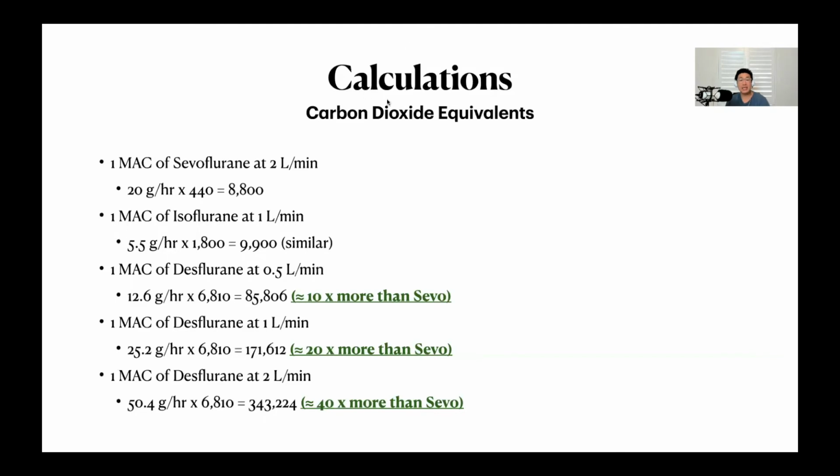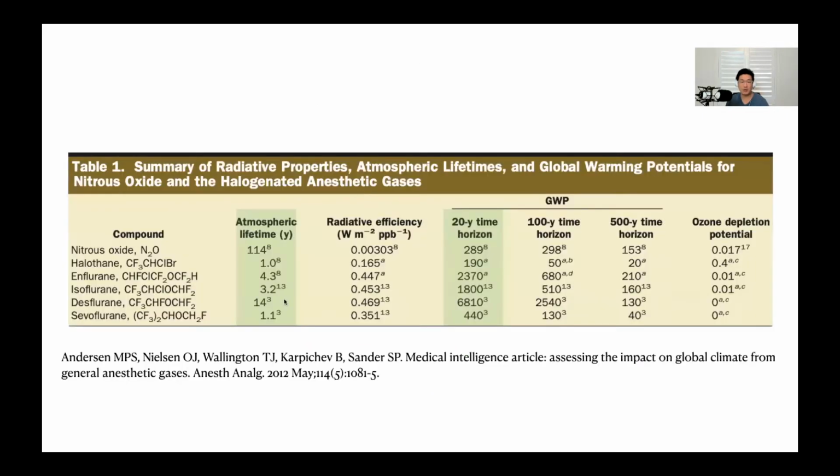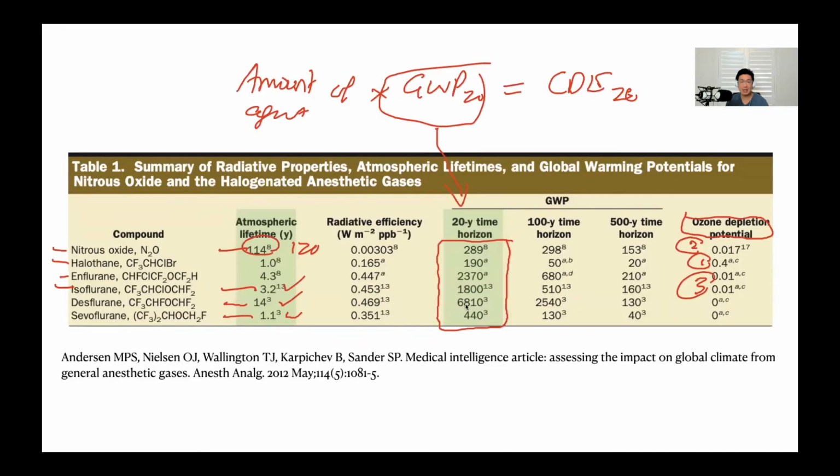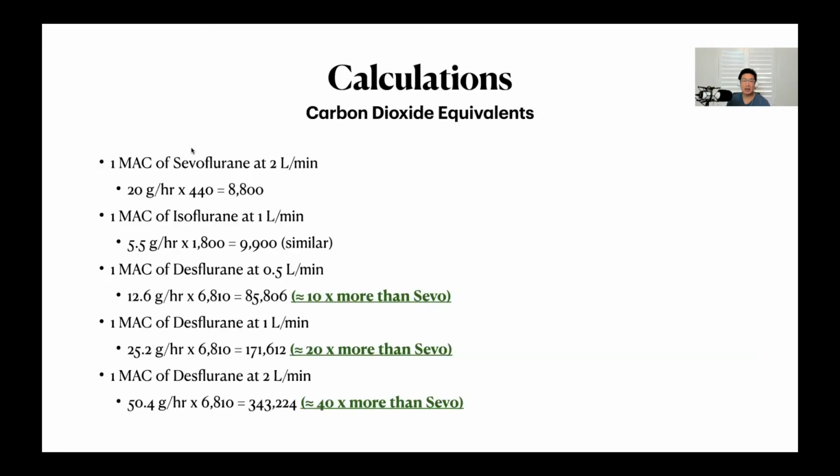And this is the carbon dioxide equivalent. What I've done is use the global warming potential from this table here by Anderson, and I've just used this formula here. I've done all the calculations, and you can see that it proves these were the numbers that the authors used for their article.